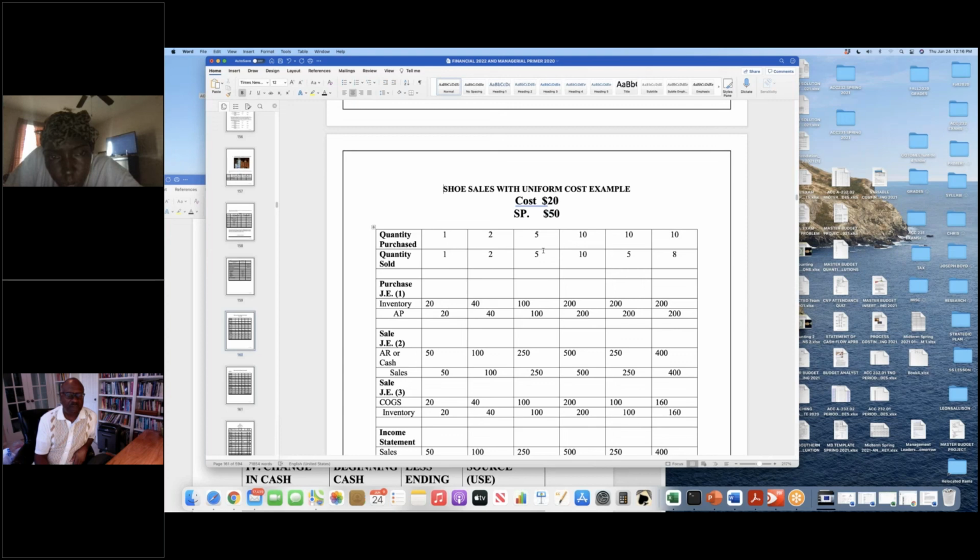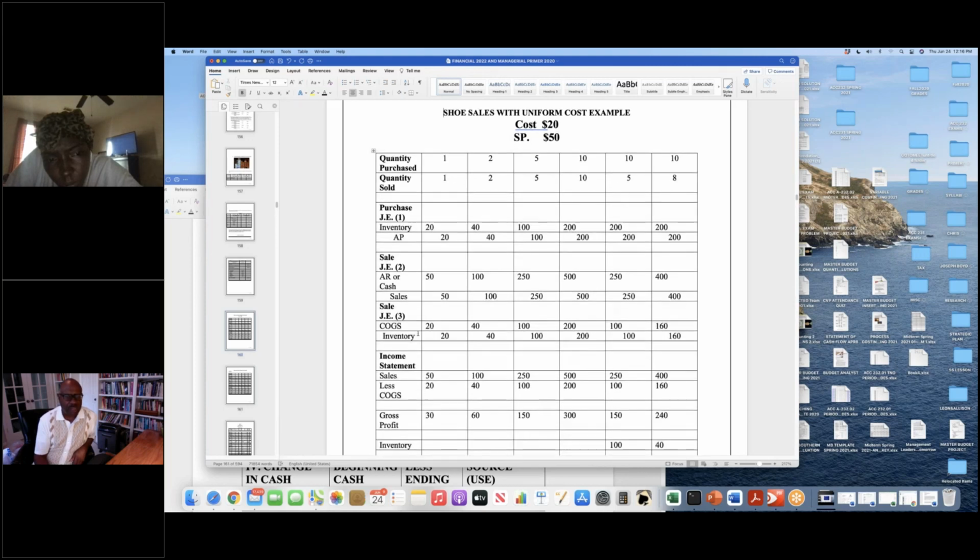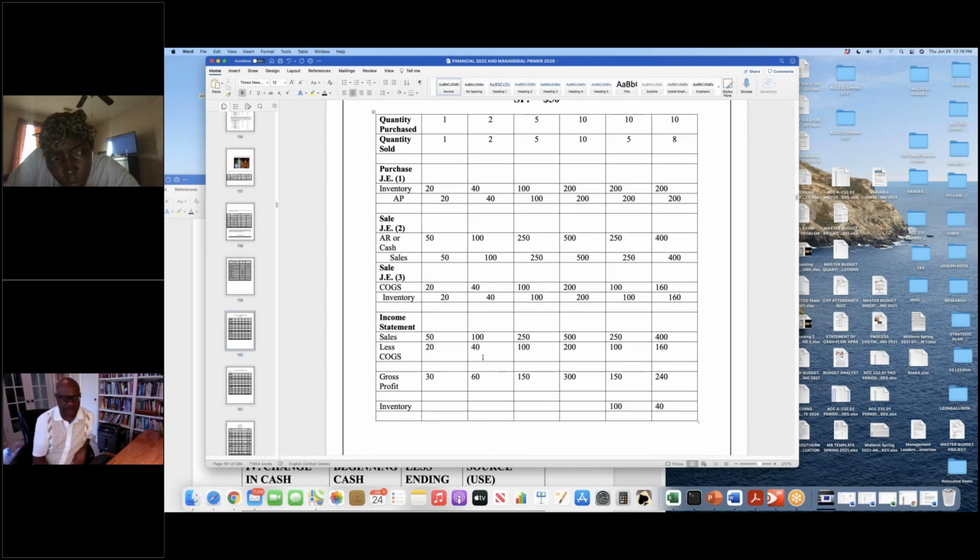When you sell them for $50, you debit accounts receivable for $50 and credit sales for $50, or cash, whichever one it is. But you also debit cost of goods sold and credit inventory because you no longer have those shoes. So the way your income statement looks is the sales less the cost gives you the gross profit. So you're selling shoes to get a gross profit.